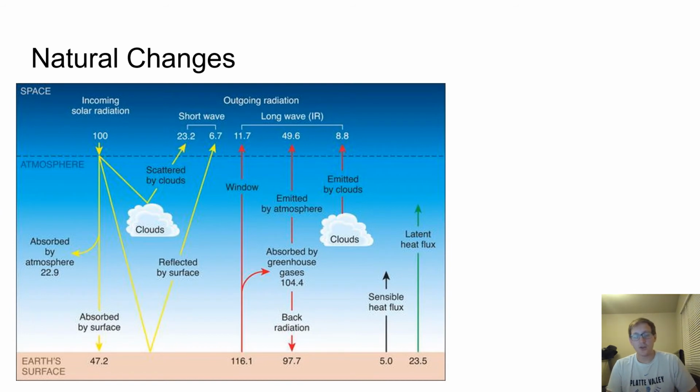Other natural changes: we're talking about the solar radiation coming in, and obviously you can see that a bunch of different things happen. Some of it is absorbed by the atmosphere, some is absorbed by the surface, some is reflected, some gets scattered by clouds. All of these things occur every time solar radiation comes into the Earth's atmosphere.